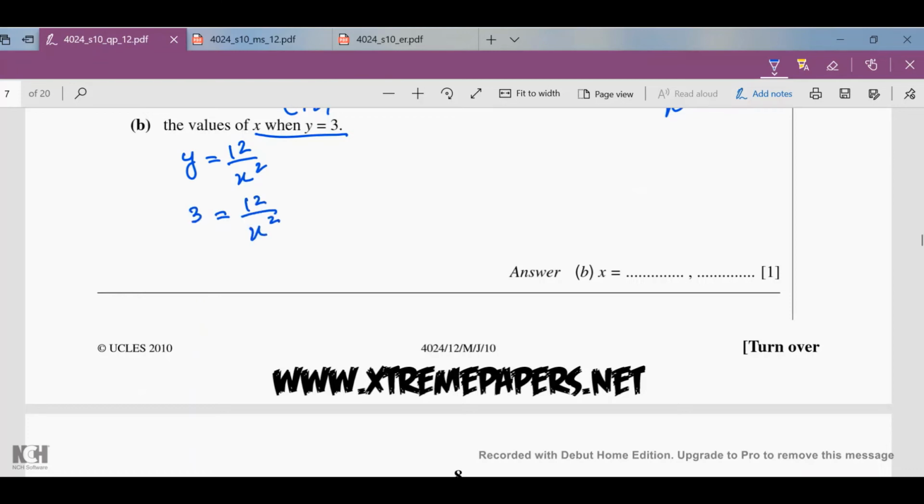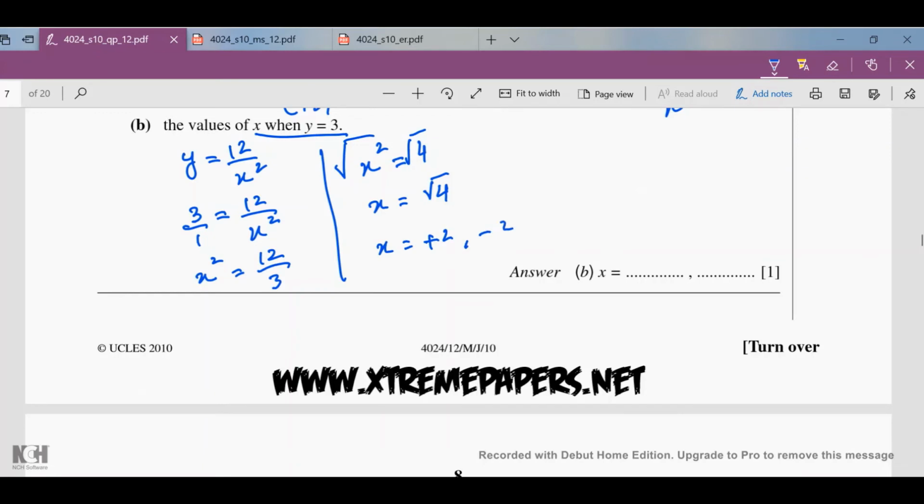When I do the cross multiplication, x square is equals to 12 upon 3, and x square is equals to 12 upon 3 is 4, and when I take square root of both the sides, as we normally do, we always give the answer plus 2 and minus 2. So please, that's why we have two spaces here, plus 2 and minus 2.